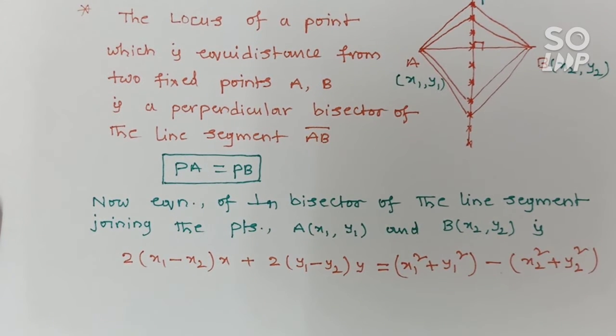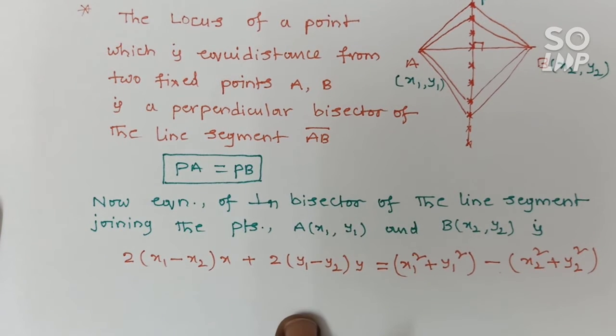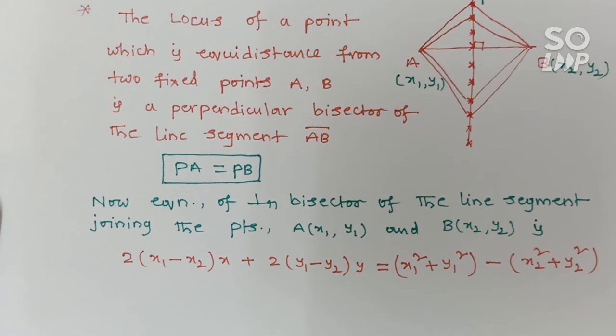So this one is the perpendicular bisector of the line segment joining the points A is equal to (x1, y1) and B is equal to (x2, y2).